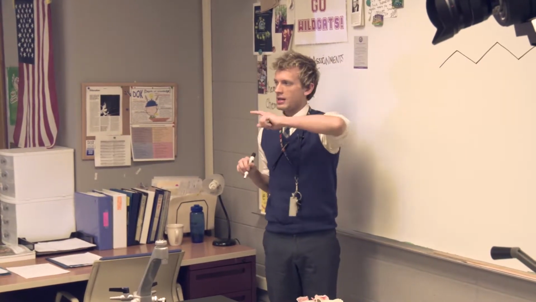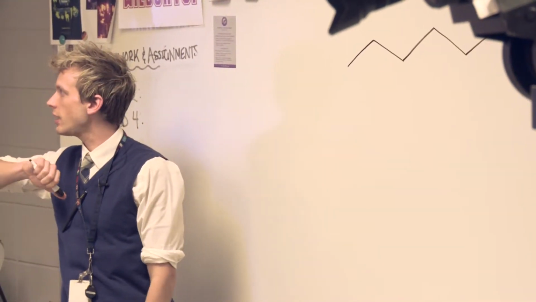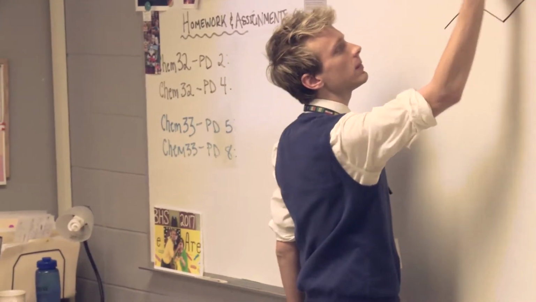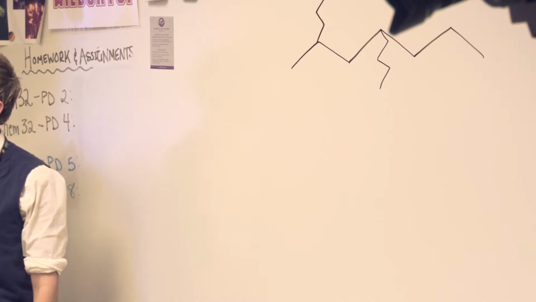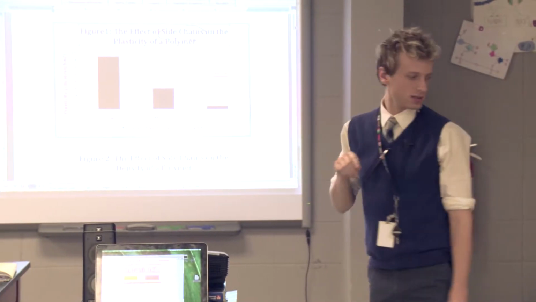Also here are, as Zach said, the hydrogens. So you guys in the back, you said you had side chains, right? So a side chain might come off one of the carbons, and look like this. All right? So then you tested the plasticity of this.